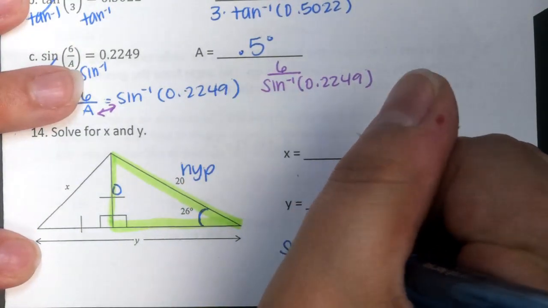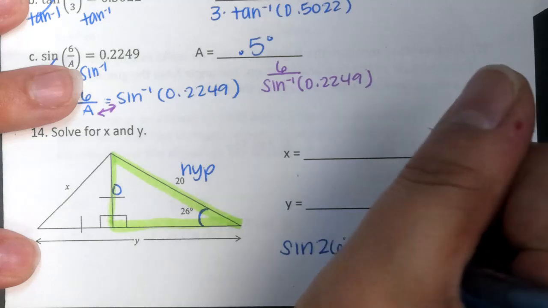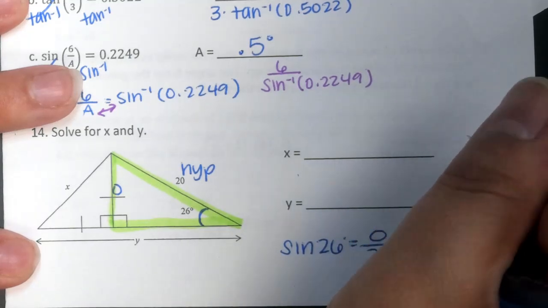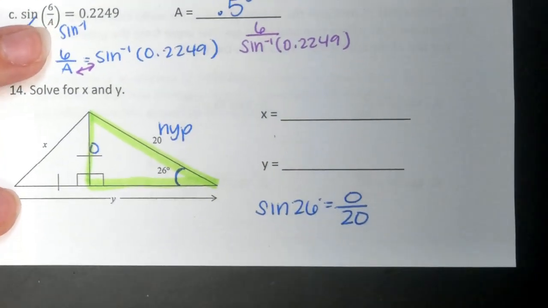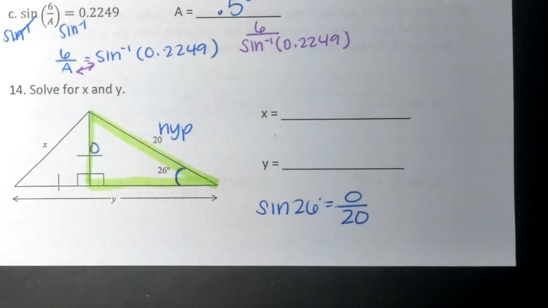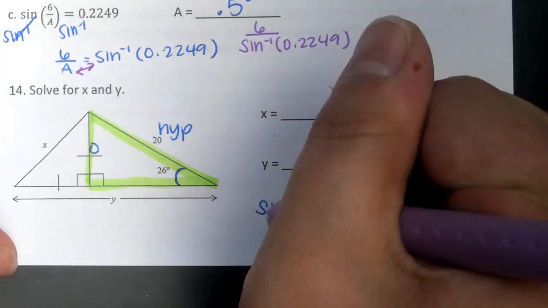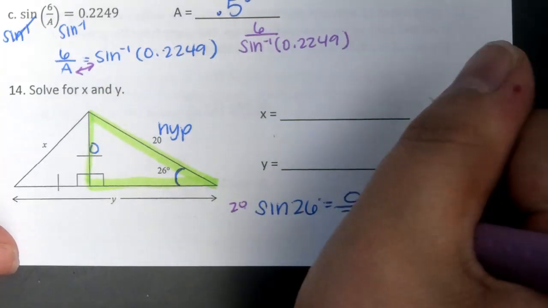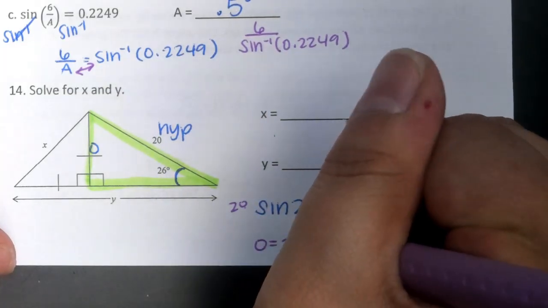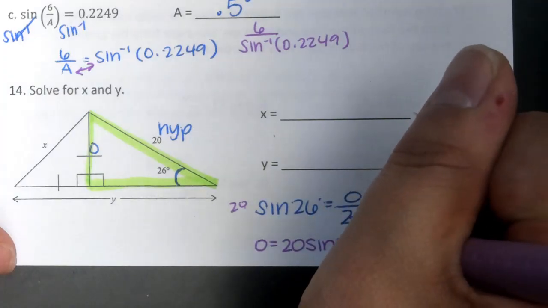So the sine of 26 degrees is opposite over hypotenuse. How do I get O by itself? Multiply by 20. So O is 20 sine of 26.